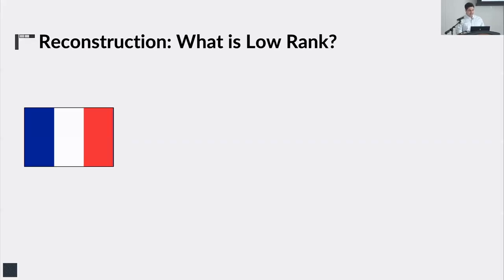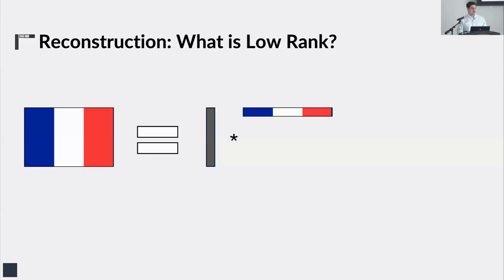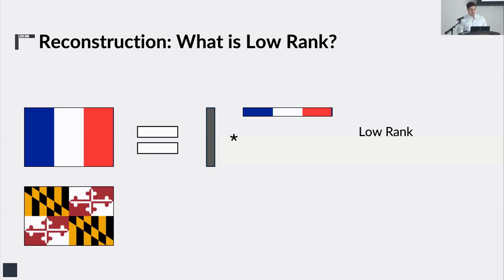And so what is low rank? In case this is something that most of you have already seen, but just in case, here's the French flag. It is low rank. That means that every row is essentially the same as every other row. This is a rank 1 flag. The Maryland flag, not low rank, right?